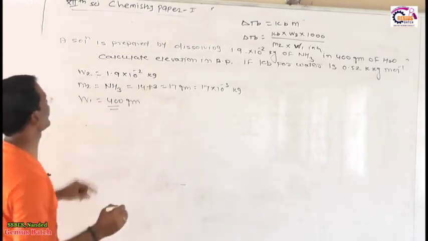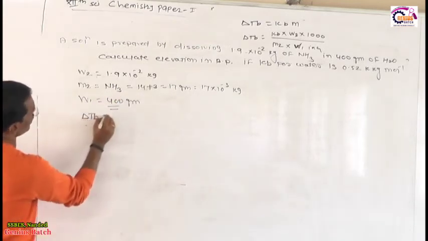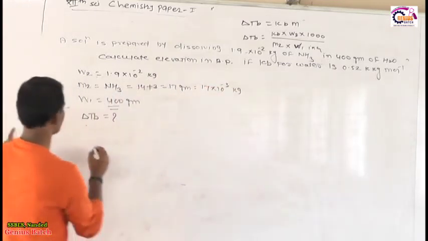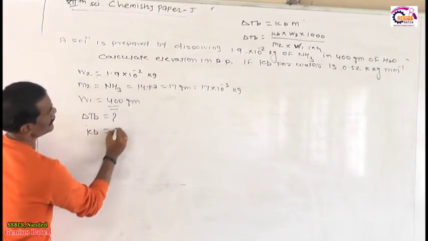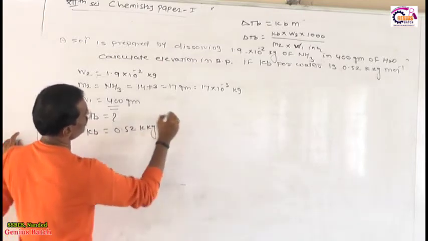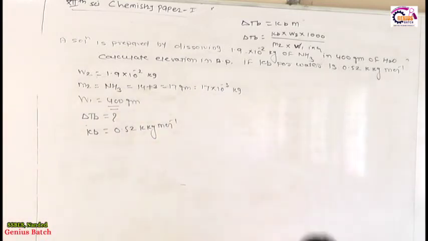Finally, calculate the elevation in boiling point. They are asking you to calculate delta Tb. Kb for water is 0.52 Kelvin kilogram per mole.